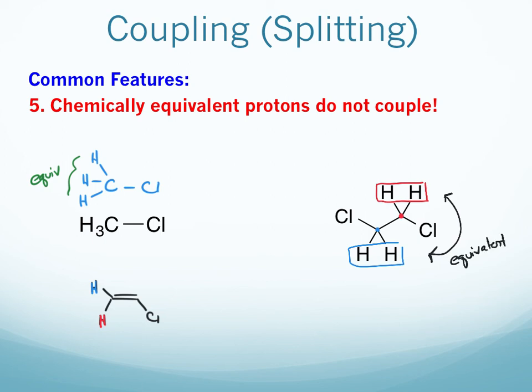The two blue are equivalent to the two in red. You can't distinguish those. Because they're equivalent, they don't couple. They're a single proton type. So that's type A. The one in red are also type A. Since they don't couple, what we see in this spectrum is we're going to see just a singlet, and it will integrate for all four hydrogen.